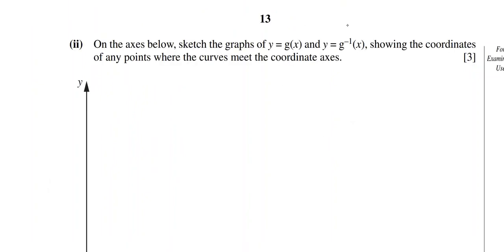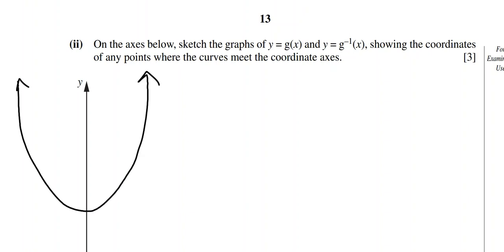The axes below: sketch the graphs of y equal to g x and g inverse x, showing the coordinates of any point where the curves meet the coordinate axes. So g x we already knew, we drew it. It was something like this, a parabola. It was g x equal to x squared plus 4, and this part is 4.